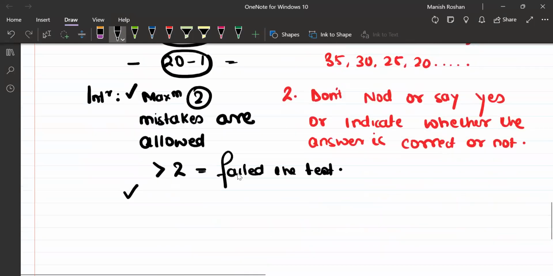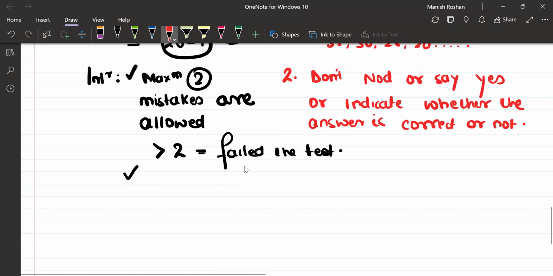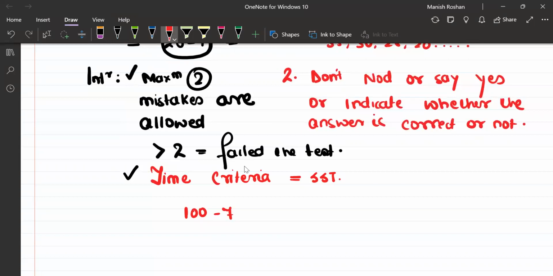There is also another criterion to rate whether the individual has passed or failed the particular test, that is the time criteria. What is the time criteria for it? For 100 minus 7, the total time duration given is 2 minutes. For 40 minus 3, the time duration given is 1 minute.